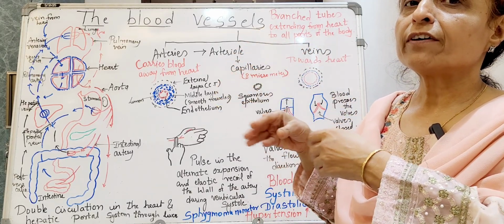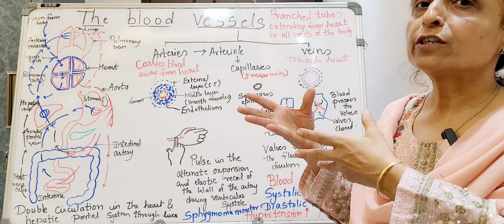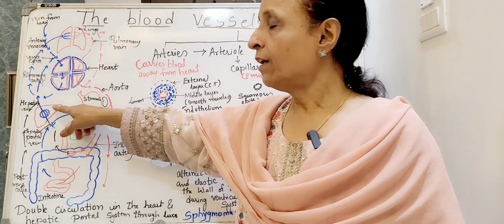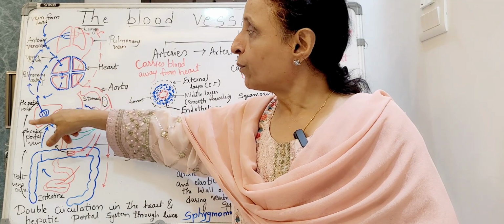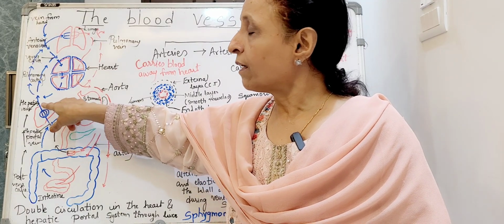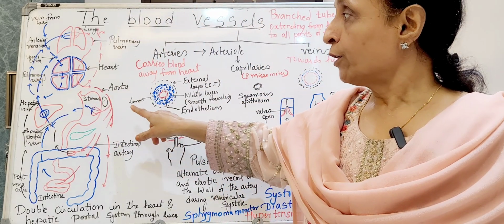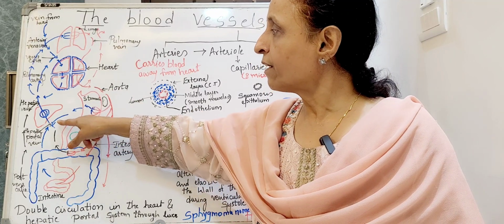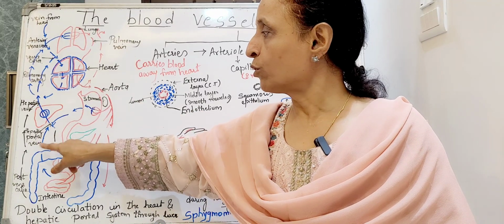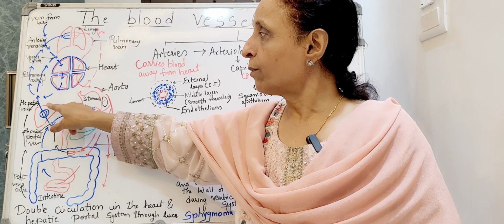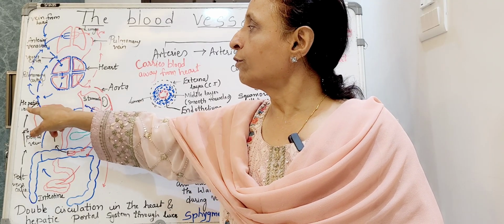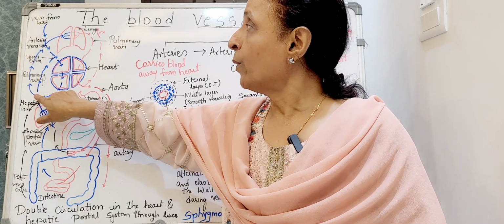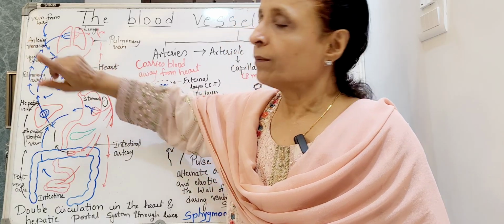Whatever detoxification or conversion of glucose into glycogen or deamination, it happens in the liver. After all this processing, this blood is collected by the hepatic vein. So veins from the stomach, large intestine, small intestine join the hepatic portal vein, and after the processing the blood comes out through the hepatic vein.